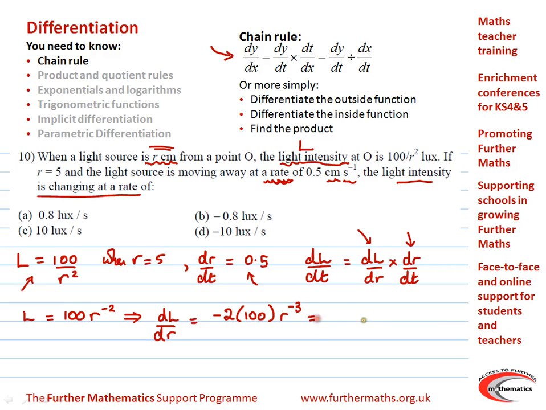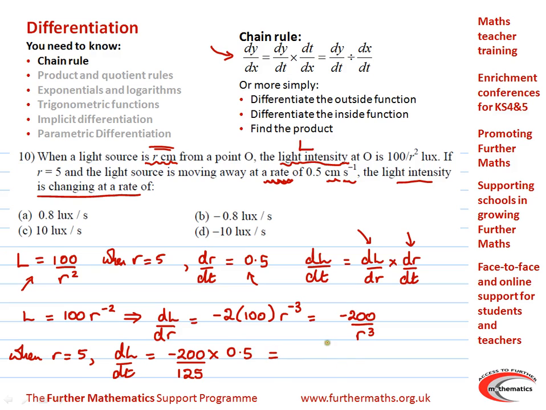So that gives me dL/dr is, generalized, minus 200 over r cubed. So I can then say when r equals 5, dL/dt, which is what we're looking for, is given by dL/dr, which is minus 200 over, in this case, 5 cubed, which is 125, times dr/dt, which we were given to be 0.5.